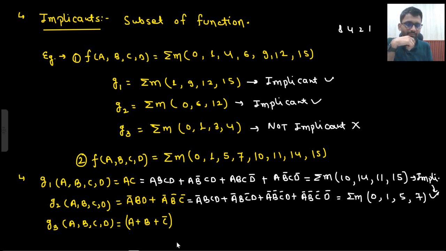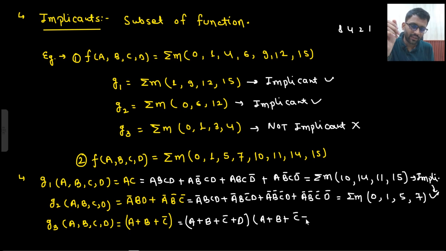What about this? This is given in terms of POS. So first I will write down the maxterms. I will write down the maxterm. So the component of D will come, and the component of D bar will also come. So what will be the maxterms?